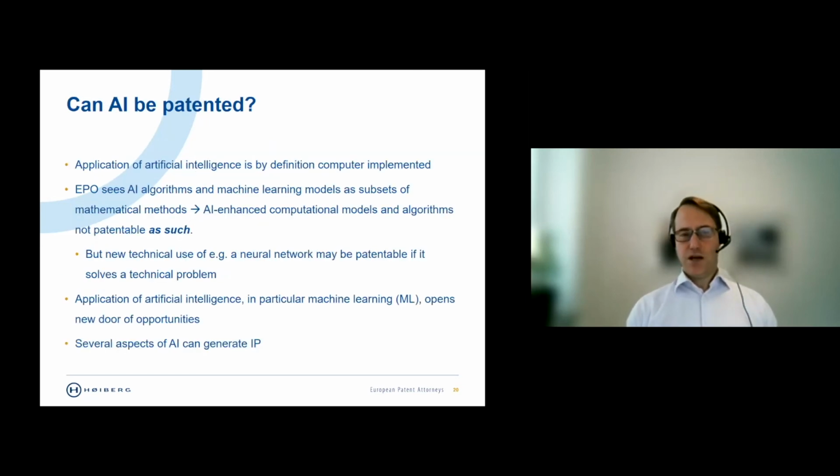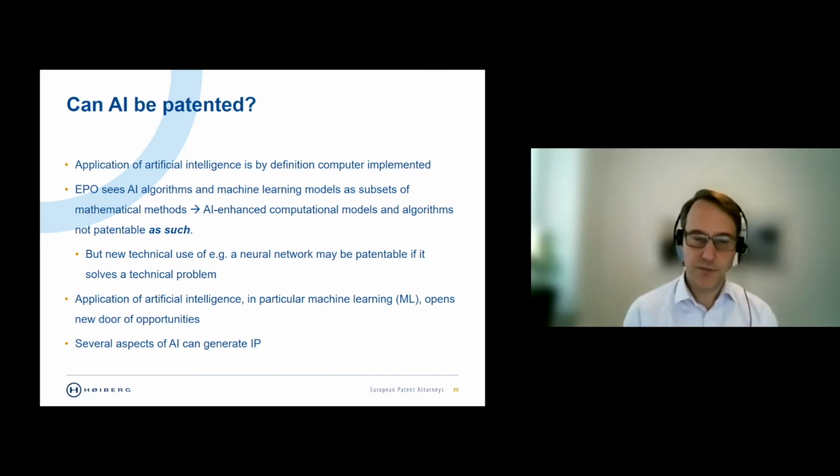So how about AI? That's a very interesting area, and I would say it's both simple and complex. It's simple in the way that the authorities around the world tend to look at it as software, to keep it in that system somehow, and to look at the models as mathematical methods, basically, which is also true.